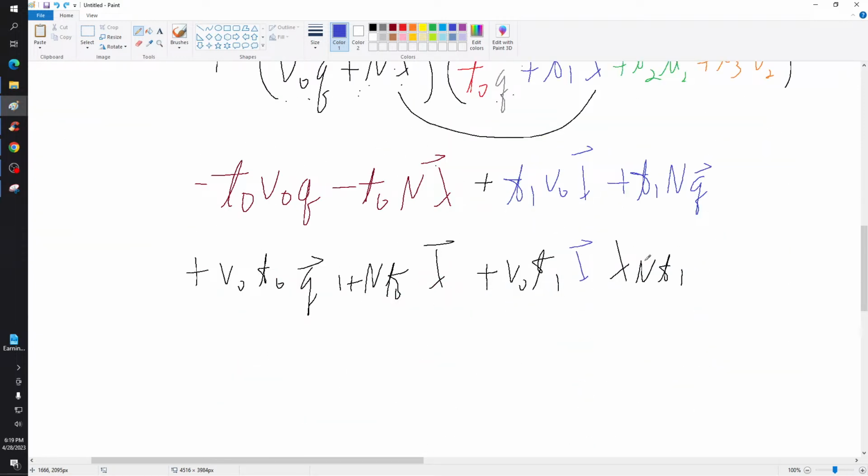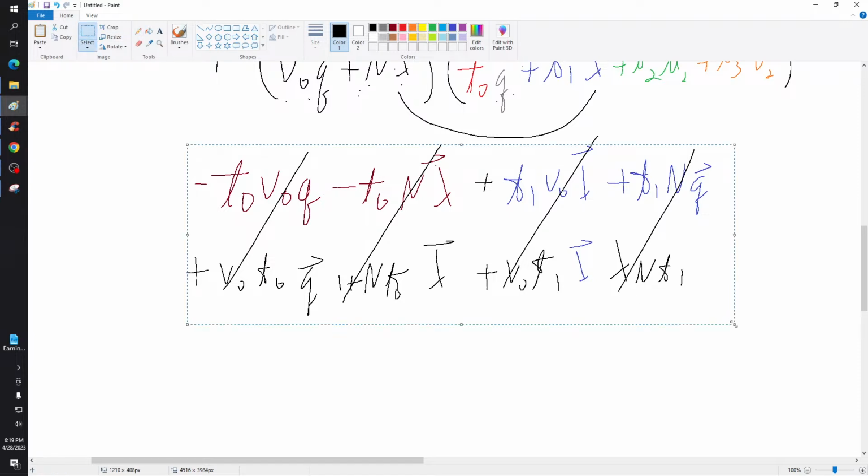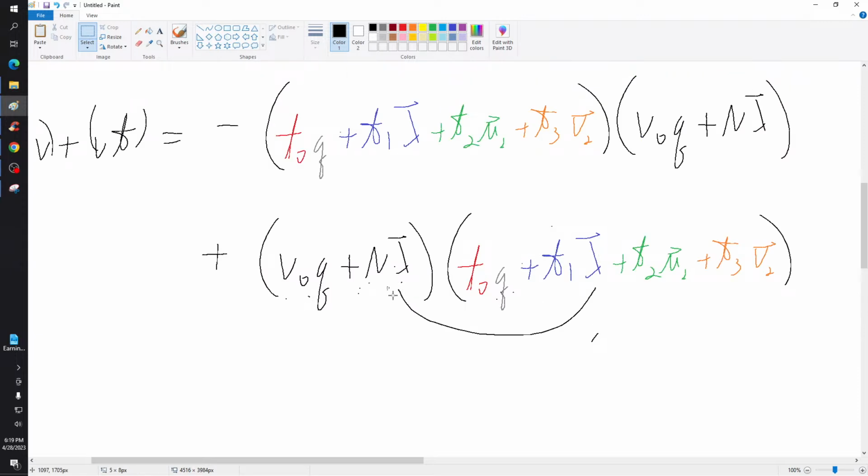Okay. So what ends up happening is that the real and lambda portions all cancel out. So there is no real or lambda portion left. And you can go through the math yourself. I'm just going to shortcut a little bit here.